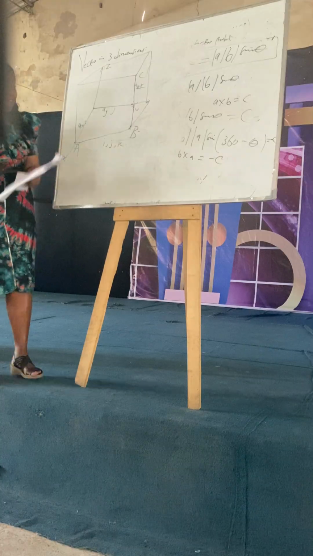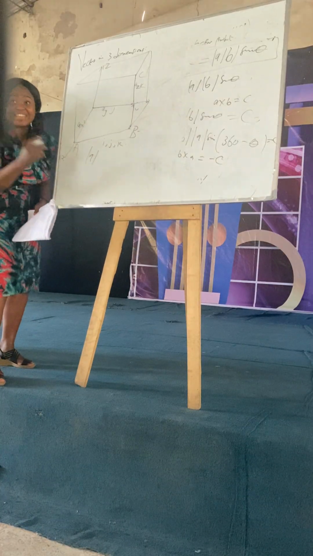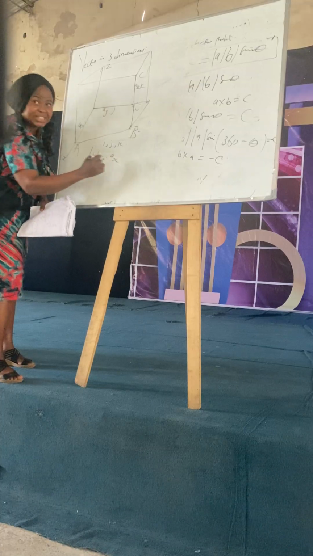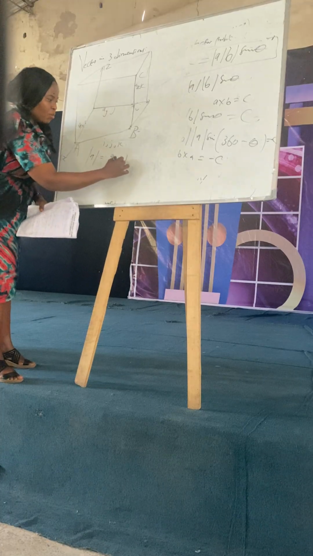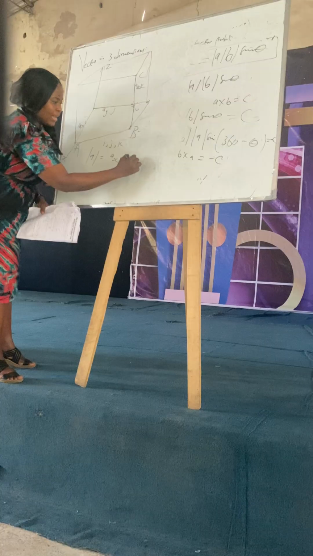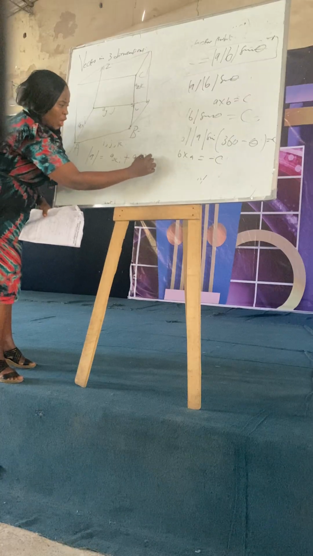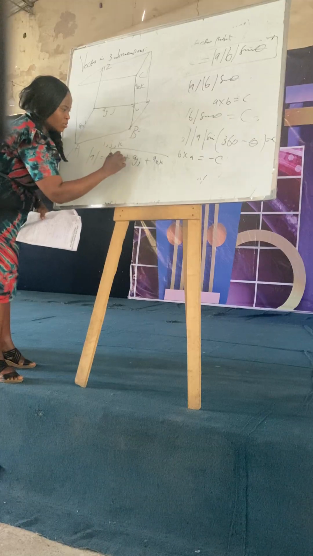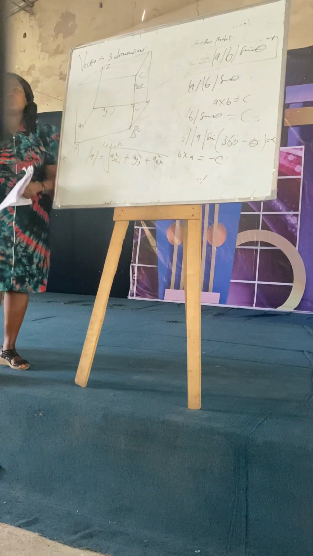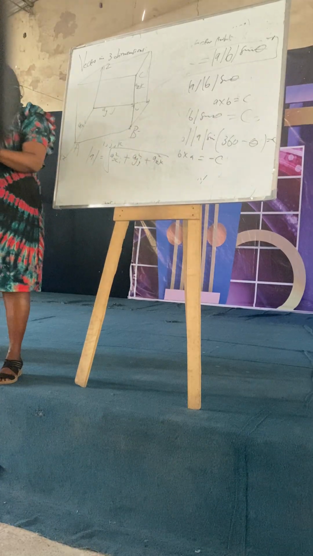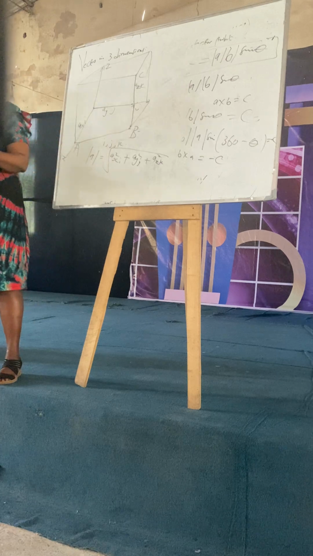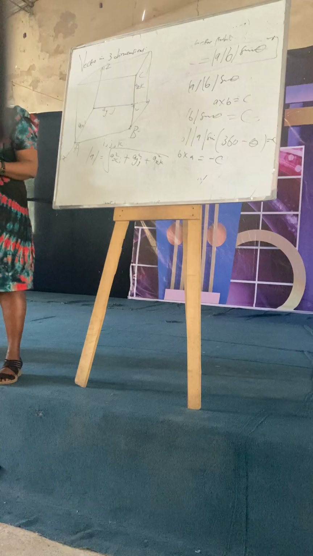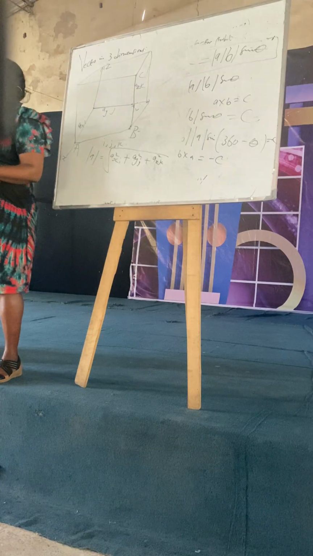Because A is now in three dimensions, the magnitude of A now becomes the square root of AXI plus AYJ plus AZK, all squared. You have to calculate the magnitude of that vector, but the vector is no longer in two dimensions.